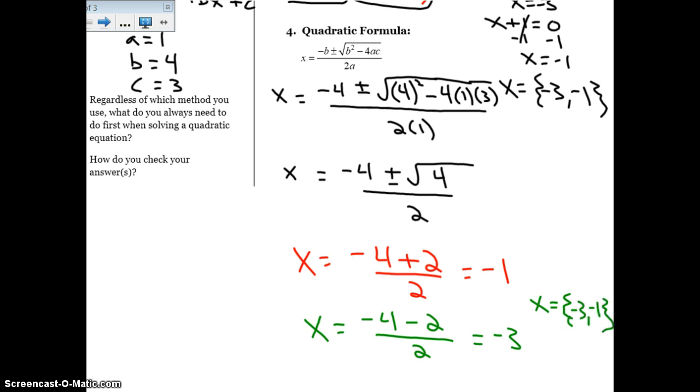So take your pick. On the test, you can use any of these methods. I just want you guys to see that you get the same answer regardless of which method you choose. So it's nice to have different choices when you're solving a quadratic. All right?